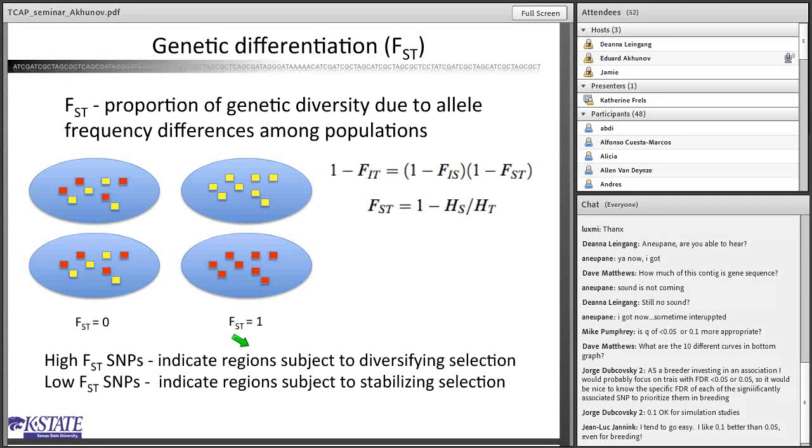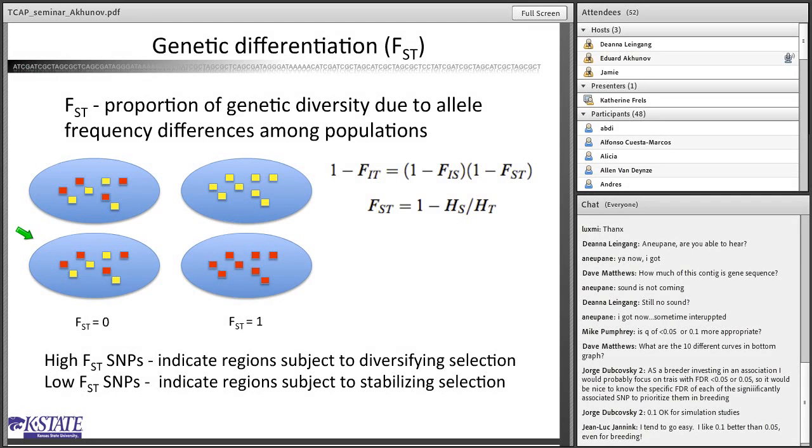So FST is the statistic that is used for assessing genetic differentiation. It is the proportion of genetic diversity due to allele frequency differences among populations. Imagine two populations where the red and yellow dots are two different alleles, and the number of red and yellow dots represents the frequency in the population.